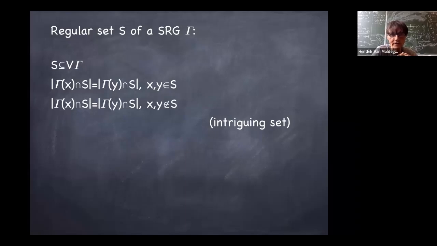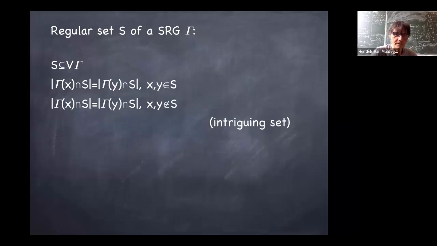If you take 2 points inside the set, then the number of neighbors in S of these 2 points is the same, so a constant number of neighbors inside the set. And also if you take 2 points outside the set, then the number of neighbors that these 2 points have inside the set are also equal. So that's a regular set. And in geometry, it's sometimes called an intriguing set.